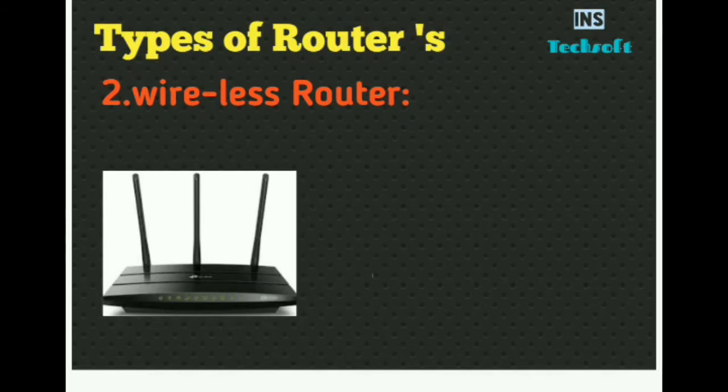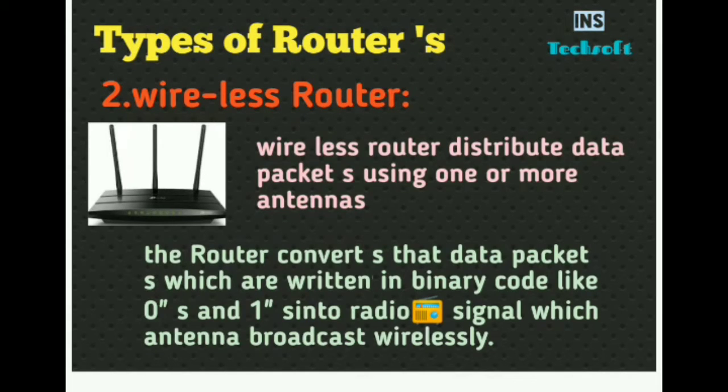Whereas a wireless router is similar to a wired router and connects directly to a modem via cable for receiving internet data packets. So the wireless router distributes data packets using one or more antennas.